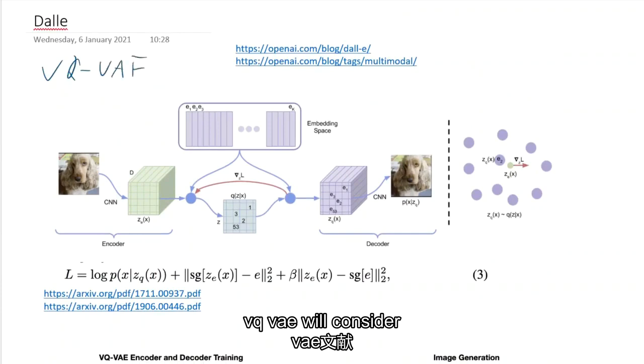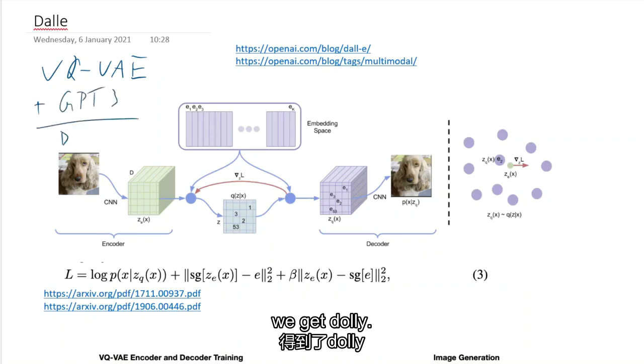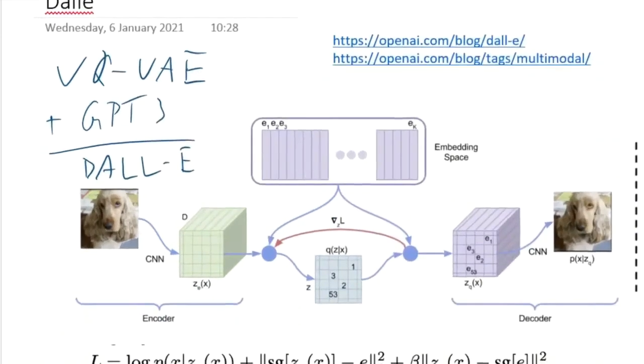We'll consider this to be the inspiration of, or one of the necessary ingredients of this model. If we combine VQ-VAE with something like GPT-3, we get DALL-E. That's my hypothesis for today.